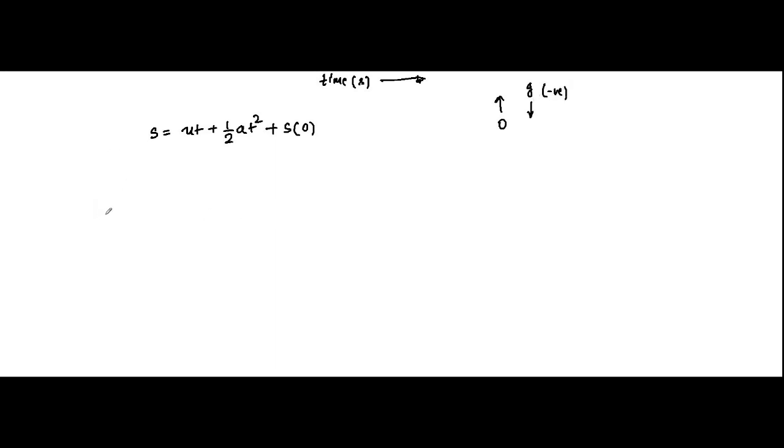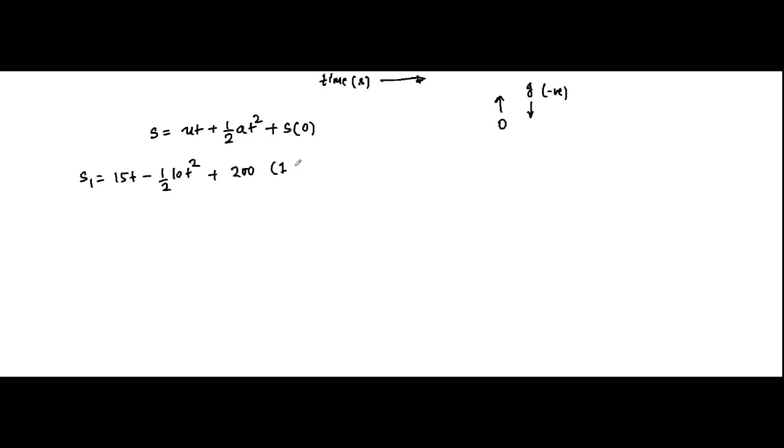So the position of stone 1 can be represented as the initial velocity, 15t, minus 1/2 times 10t square, minus because g is negative, plus the initial position 200 meters above the ground, that is 200.